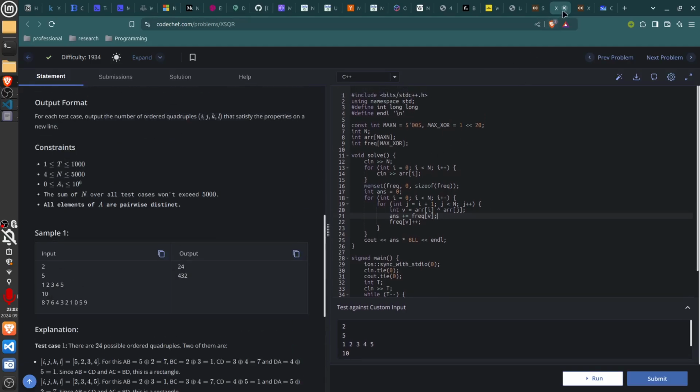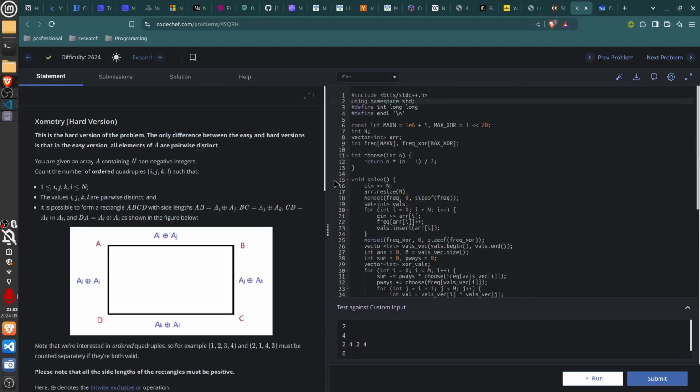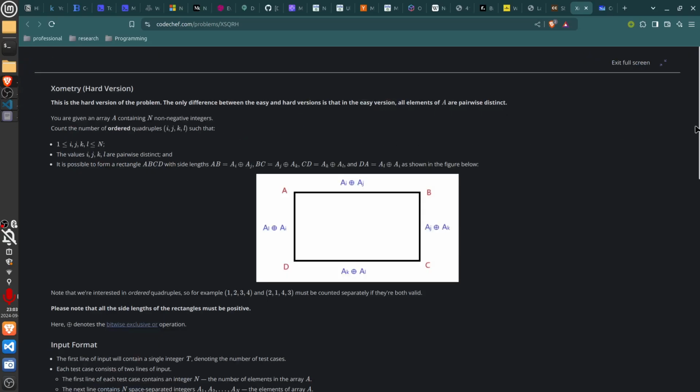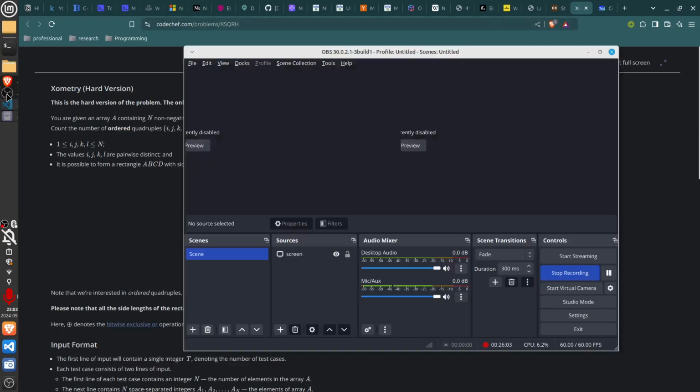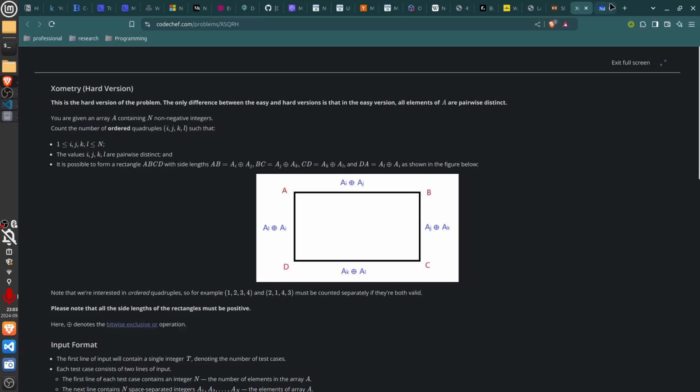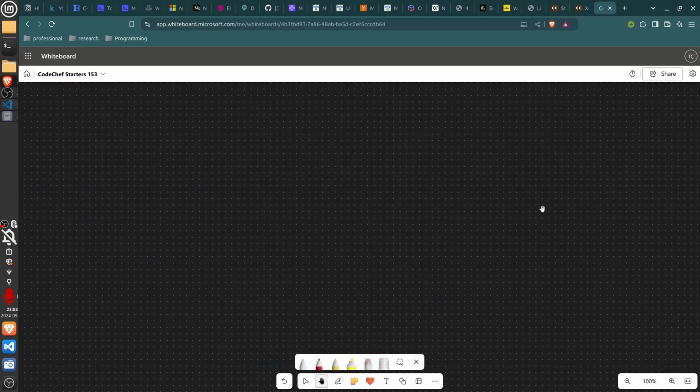Okay, so the hard one is where it gets kind of tricky, because now you don't have pairwise distinct elements. That means that before, the side length would have never been 0, but now the side length can sometimes be 0. So there are two things you have to handle here that you didn't have to handle on the other one.